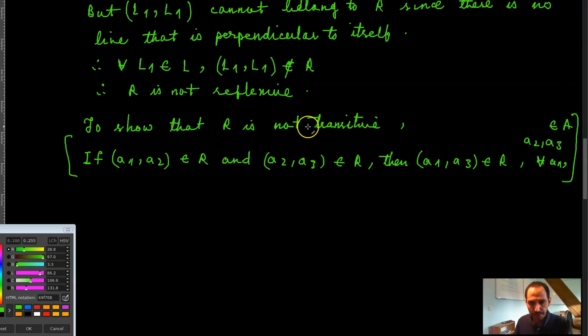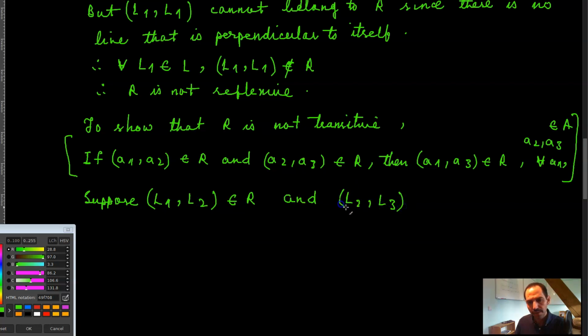So that's the condition that we use for transitivity. Now suppose that, in the case of these lines, L1 comma L2 belongs to R. That means that L1 is perpendicular to L2, and also L2 comma L3 belongs to R, meaning that L2 is perpendicular to L3.